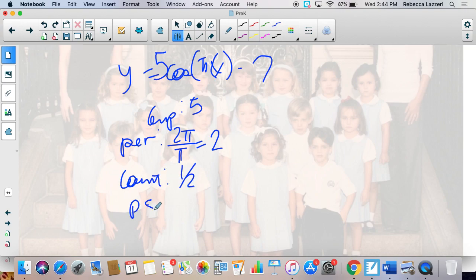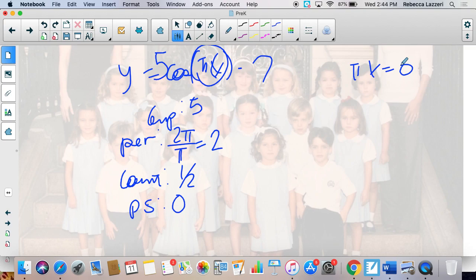Phase shift. What happens if you set that equal to 0? Pi x equals 0. Divide by pi, you just get x is 0. But can you see there's no phase shift? Nothing's added in the parentheses.